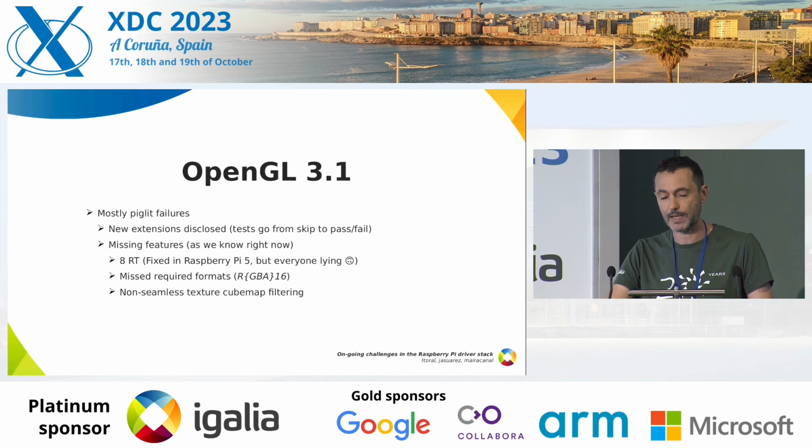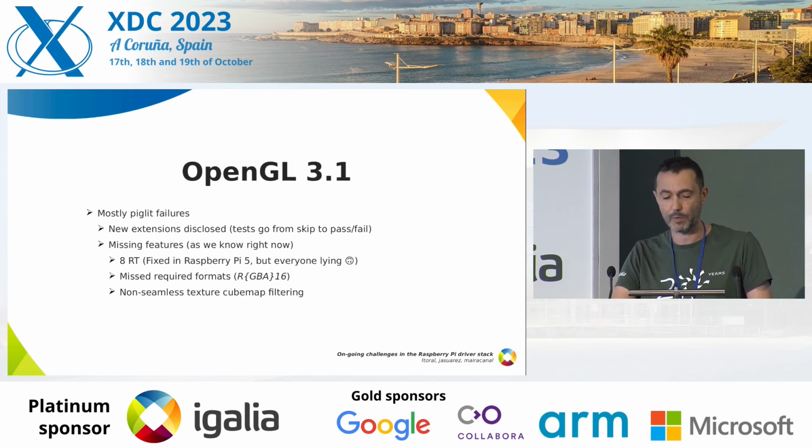For the failing tests, we identified that they were failing due to three kinds of features we don't support in the Raspberry Pi 4. One is, of course, the 8 render targets, where we only support 4. But I think it's the same for other drivers like FreeDreno, probably Panfrost, they only support 4.